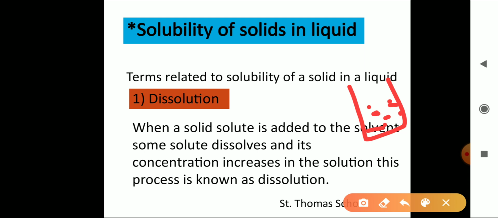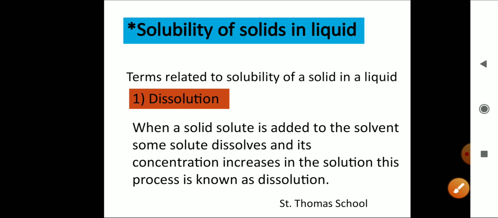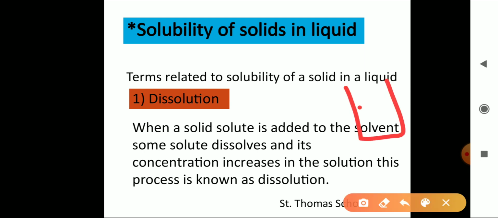So the sugar is going to be dissolved completely by the water. So the molecules will continuously move on. Okay, here suppose this is water, right? And these dots you can see, that is the sugar.